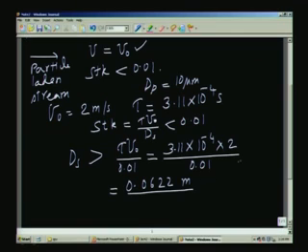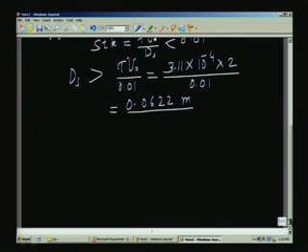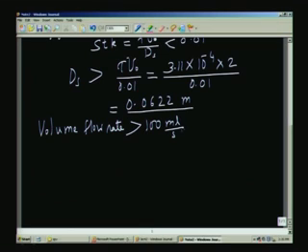The next one, we are also told that we have to have a volume flow rate not less than 100 cc per second, or 100 milliliter per second. So, now I will find out the requirement of the diameter, because we know that the velocity is equal to 2 meter per second.